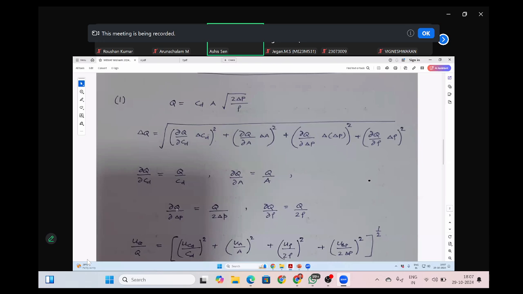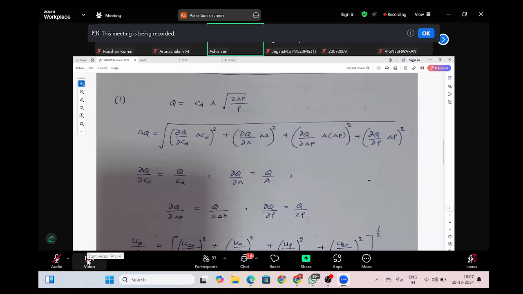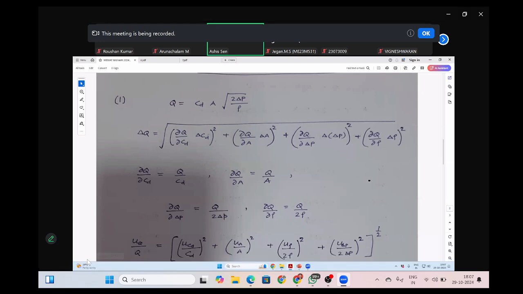Similarly, if you take dou Q over dou delta P, it will be Q divided by 2 delta P. If you take dou Q over dou rho, then that would be Q over 2 rho, right? Because the square root is there, so half will come, and that is why you will get Q over 2 delta P here, Q over 2 rho here.